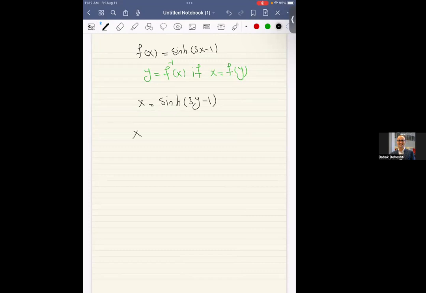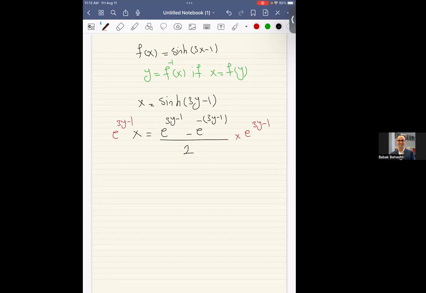So, by definition, sinh is just (e^(3y-1) - e^(-(3y-1)))/2. Now let's multiply the two sides by e^(3y-1).